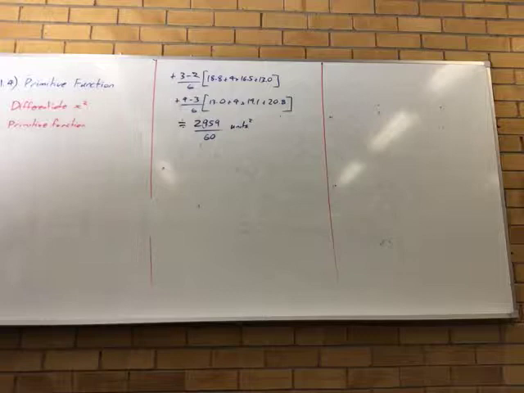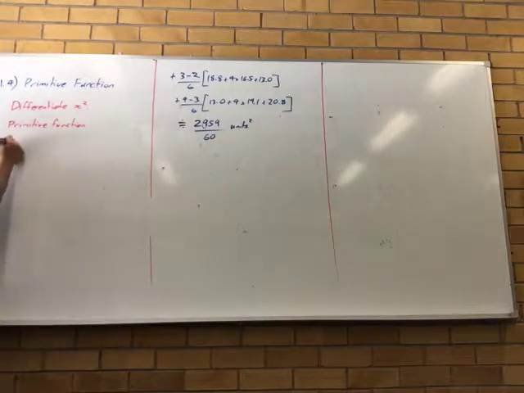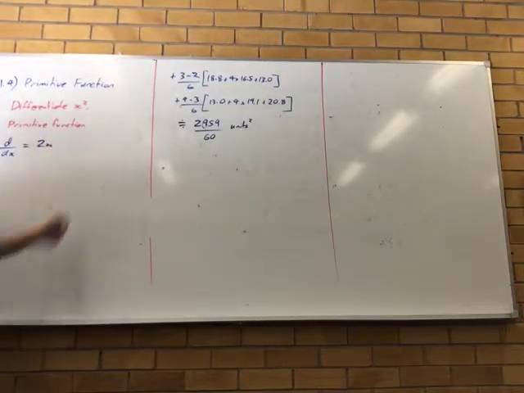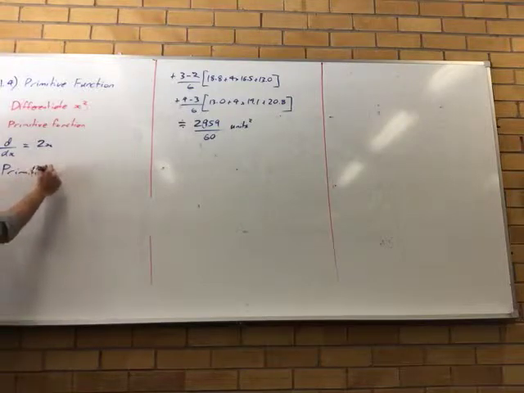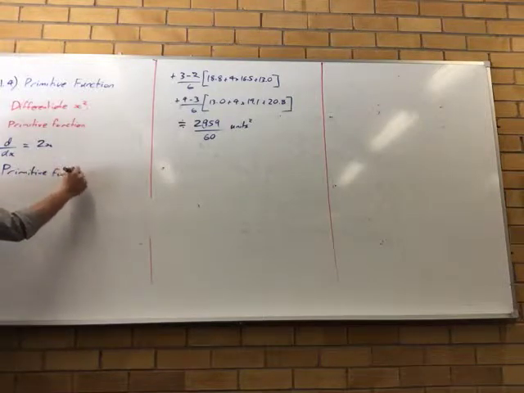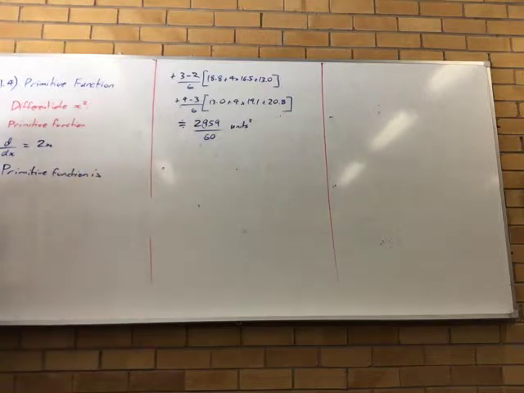Differentiate. So we know how to differentiate x squared. So d/dx equals what? 2x. Bring down the power, take one off the power. Remember that stuff. So the primitive function is what? x squared.